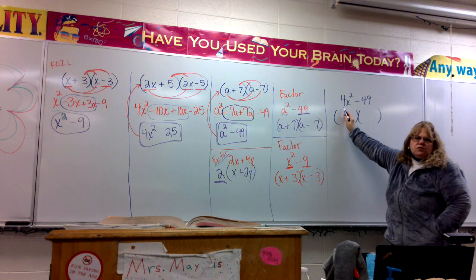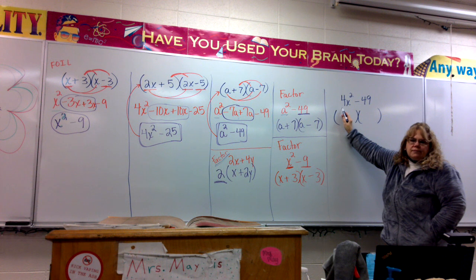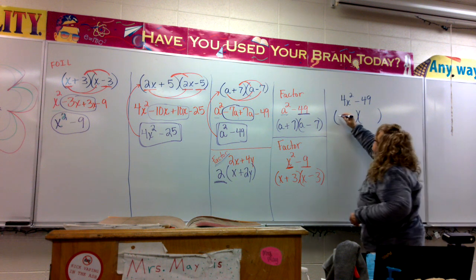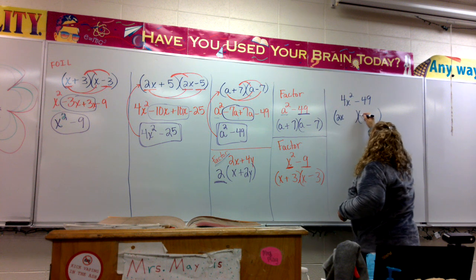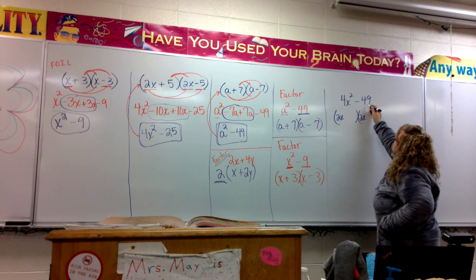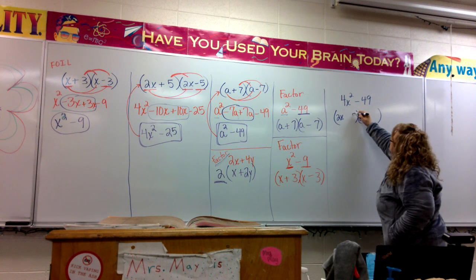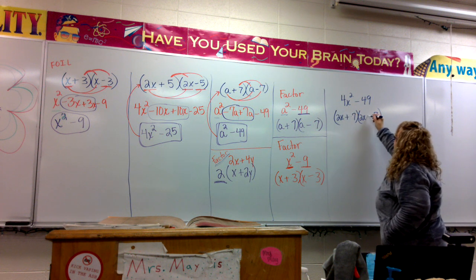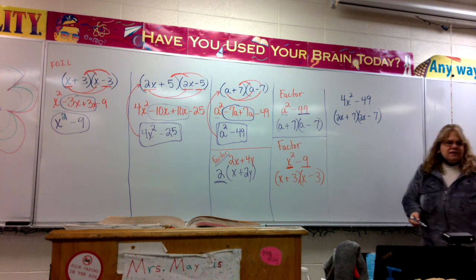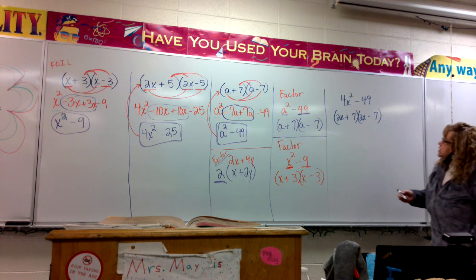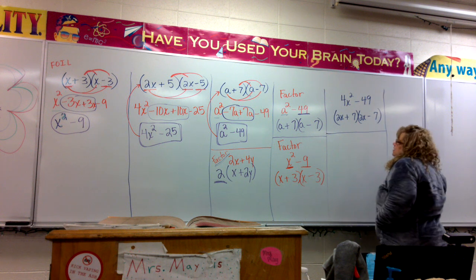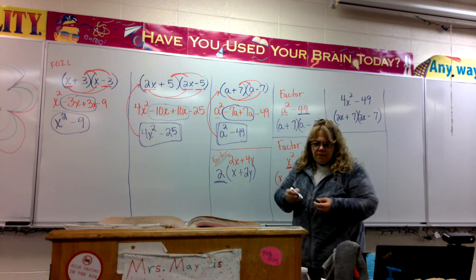What times what gives you 4? 2 times 2? And then I have an x squared. So what's this going to be? 2x, 2x. What about 49? 7 and 7. Signs? Positive and a negative, or a negative and a positive. It doesn't matter which one comes first. Does that sort of make sense? It's not too bad, right?